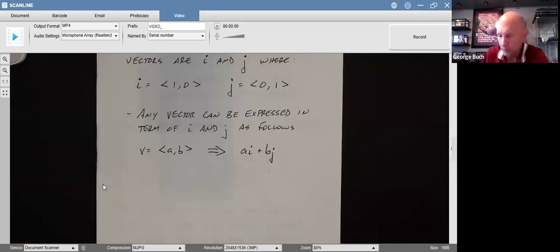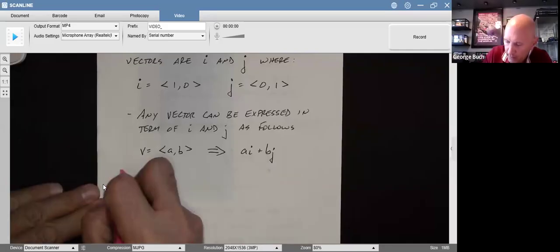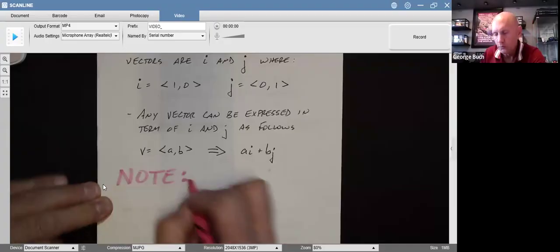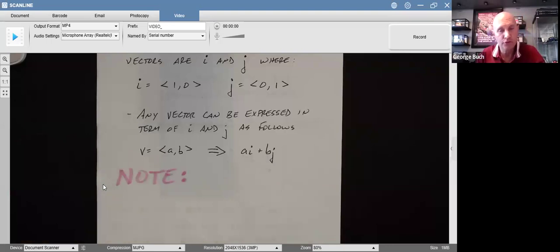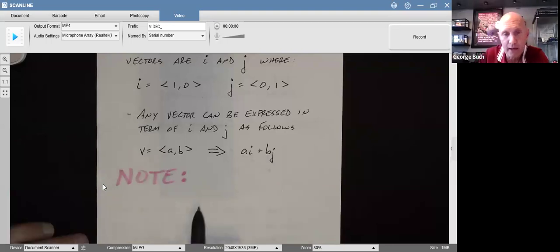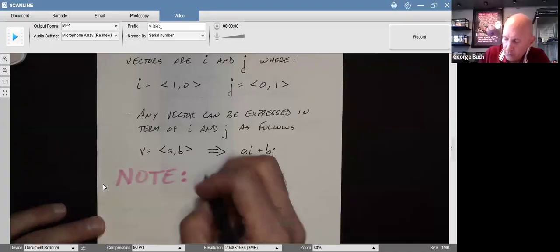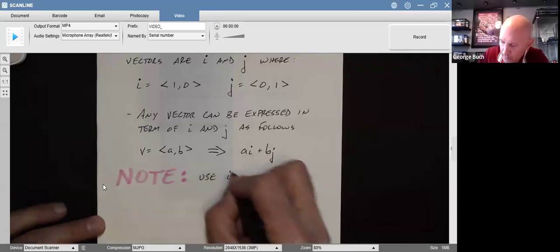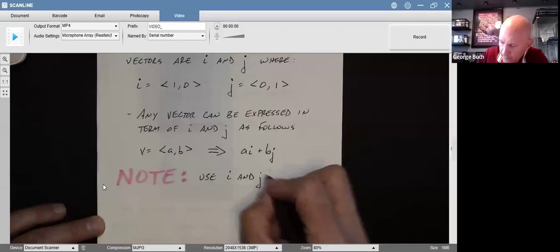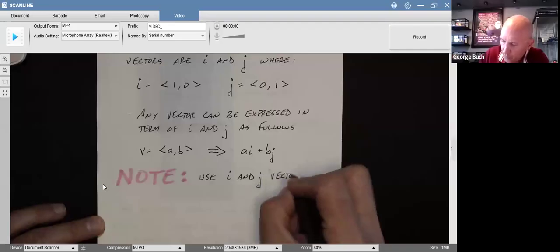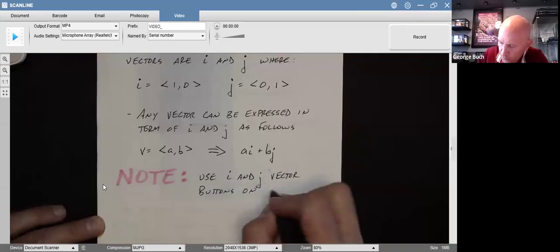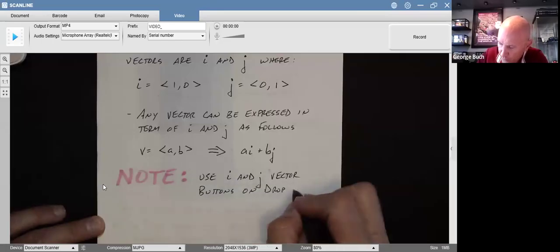Now, let me put a big highlighter note here. If you are writing vectors in terms of I and J on WebAssign, on the homework, you have to use the I and J vector buttons on the drop down menu on the right side there.